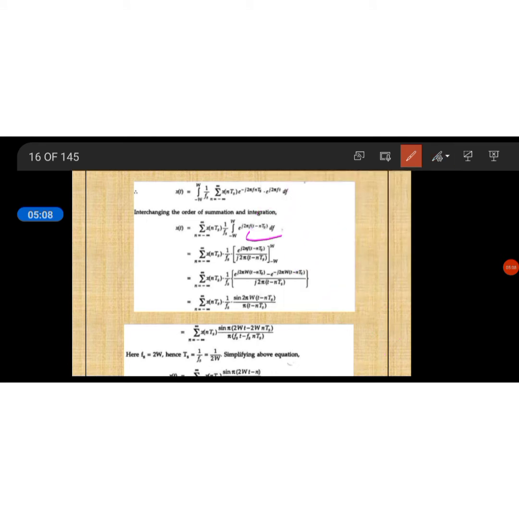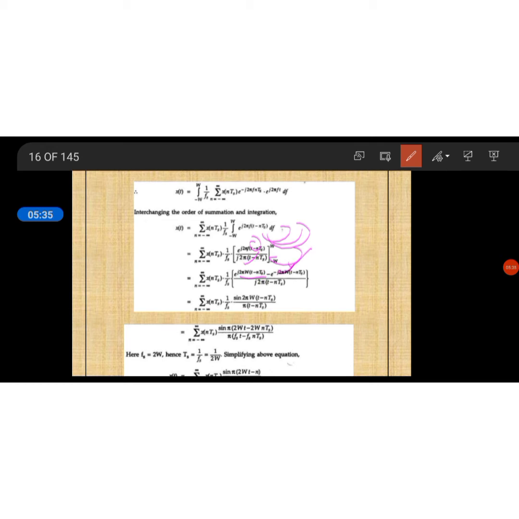After integration, with respect to f, we get e power j 2 pi f (t minus n Ts) divided by j 2 pi (t minus n Ts). Here you have to substitute, instead of f, plus omega and minus omega.